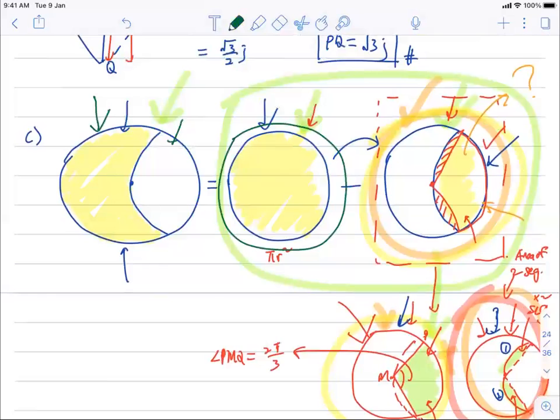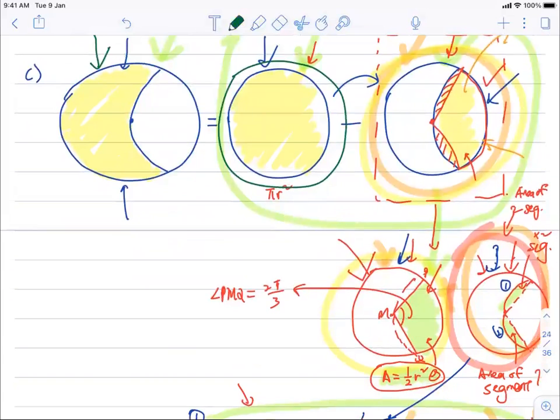And then we recognize that we are unable to find the area of the not shaded part directly. So we split this into two parts, which I call the segment and the slice.